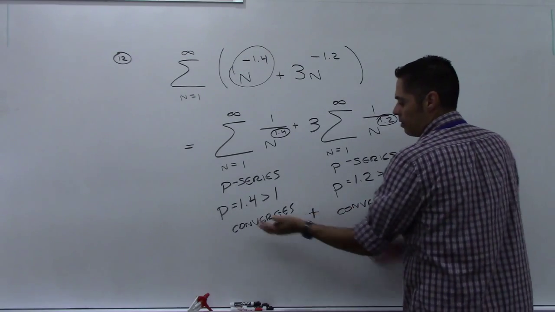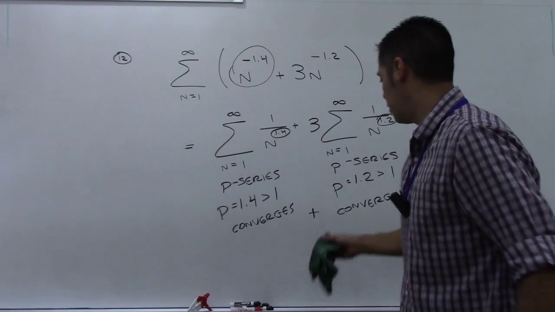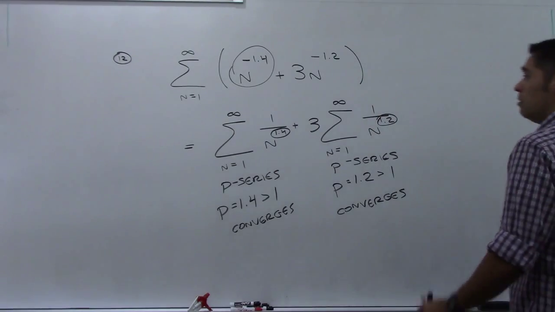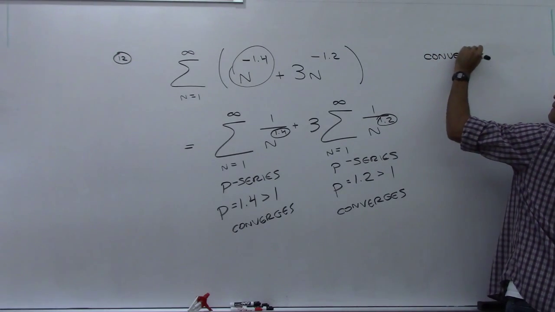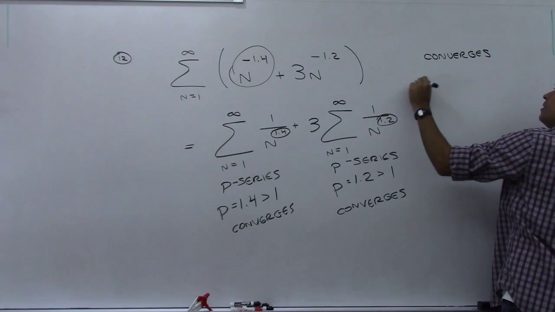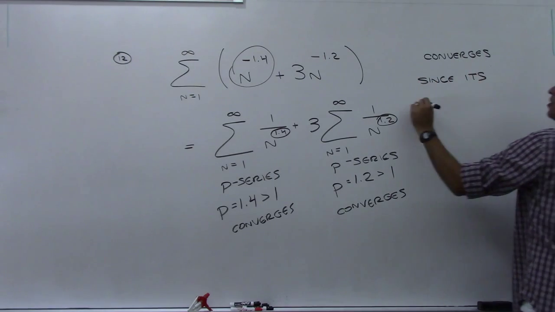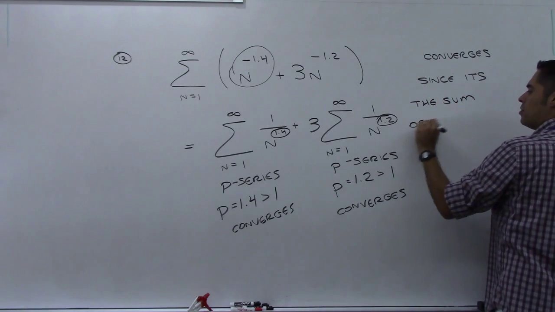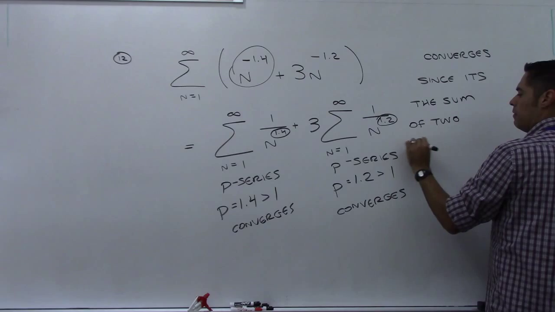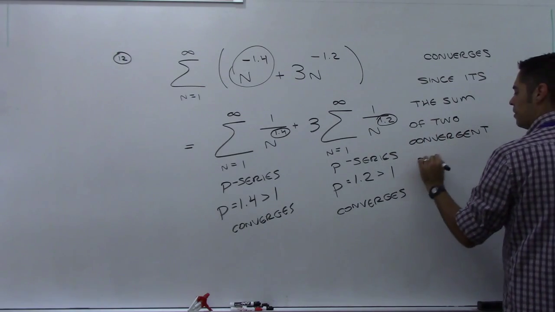So if you add a convergent series to another convergent series, it's going to converge. So this one converges since it's the sum of two convergent p-series.